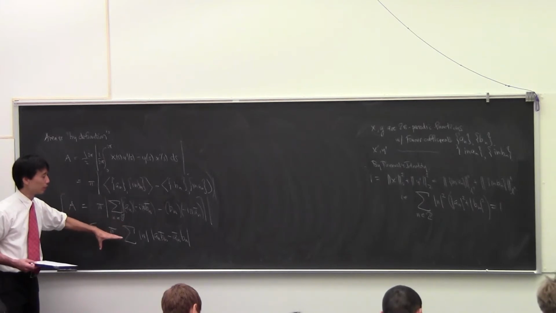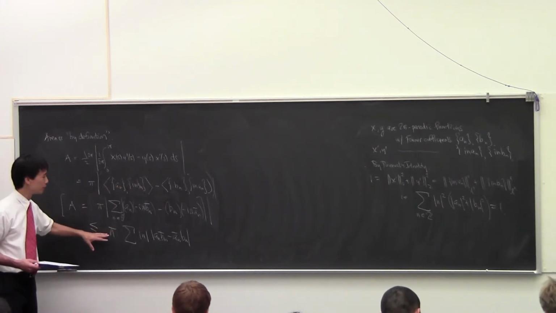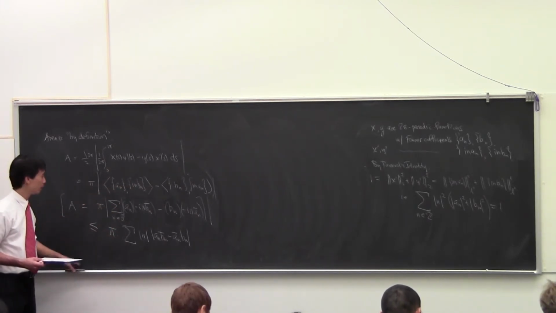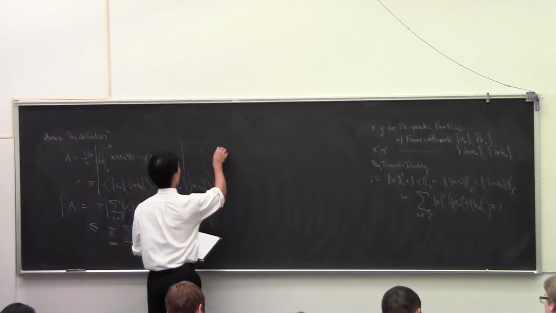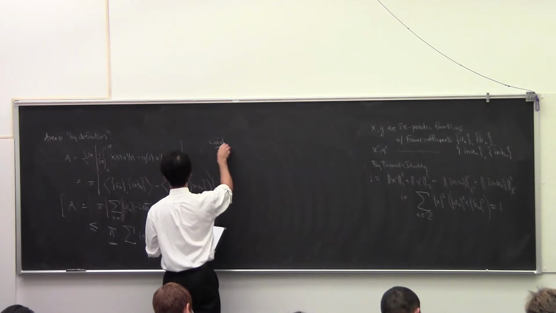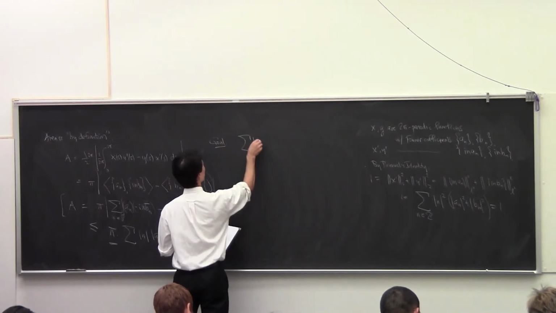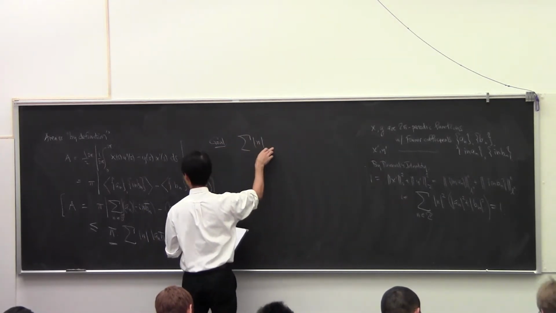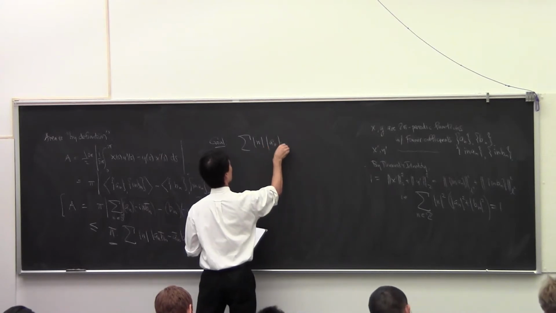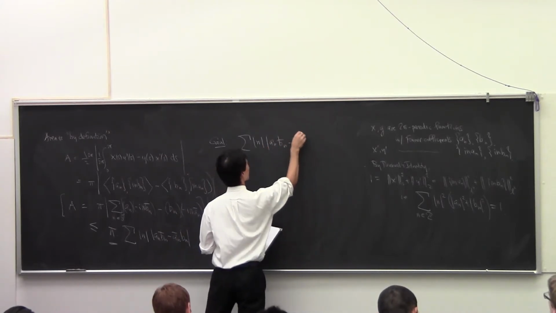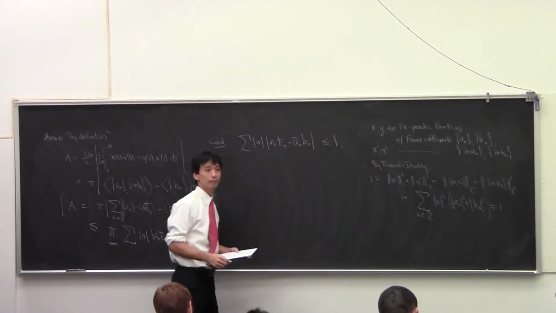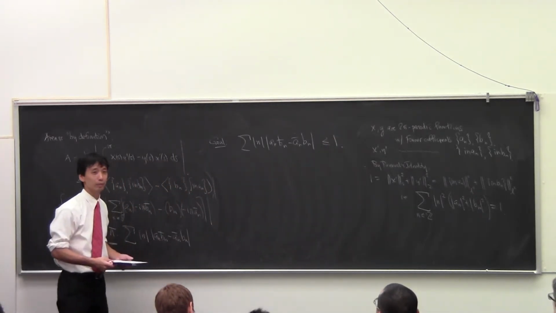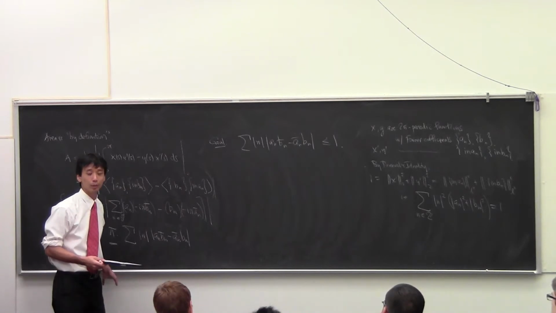We're going to put everything together and see that this must be less than or equal to pi, right? So our goal is to show that this thing is less than or equal to 1. And if we do that, then we've got the first part of the isoperimetric inequality.